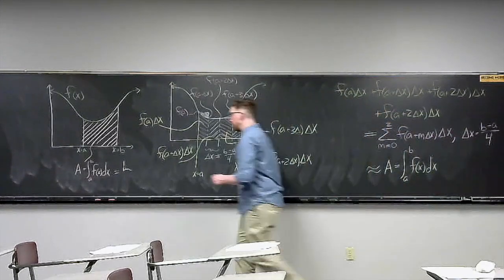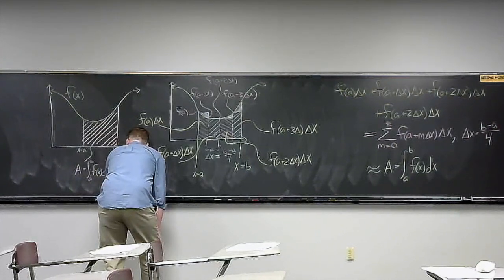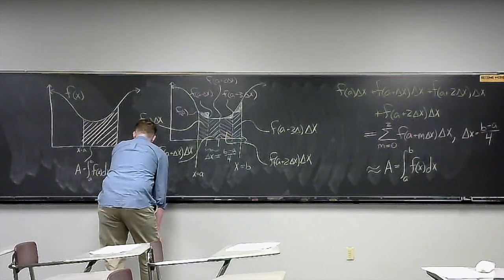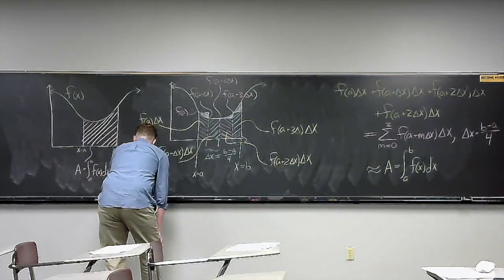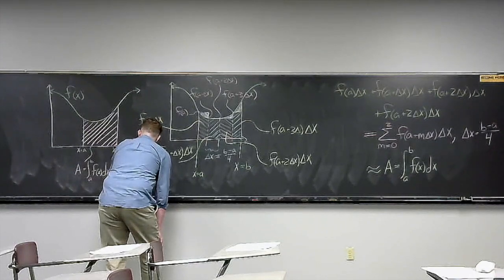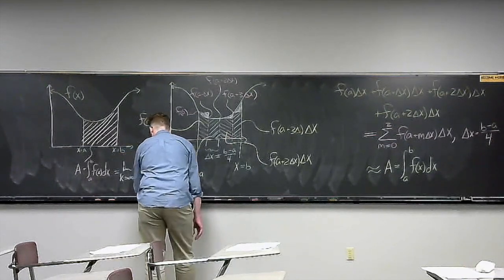So let me write this out. We're going to say we have an upper bound of k approaching infinity of the sum from n equal to 0 up to k of f of x sub i.